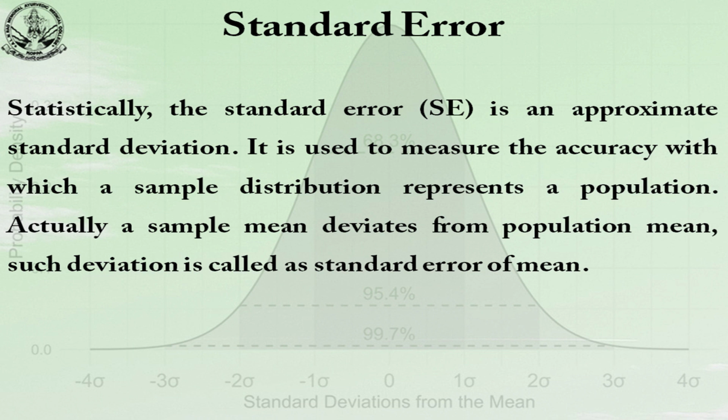Such deviation is called the standard error of the mean. The standard error of the mean usually decreases as the number of data increases. That we have seen in the case of the normal distribution in one of the videos: as the number of data increases, the distribution goes more toward concentration, toward the mean. So that is the meaning over here.